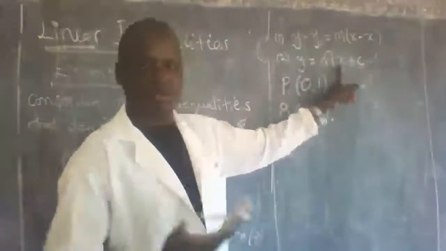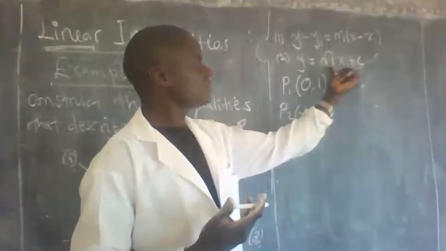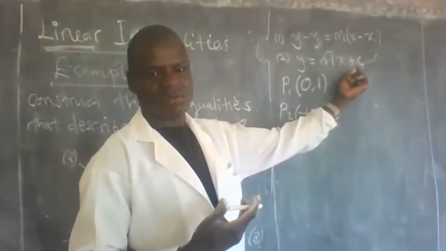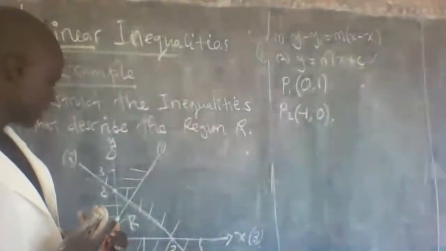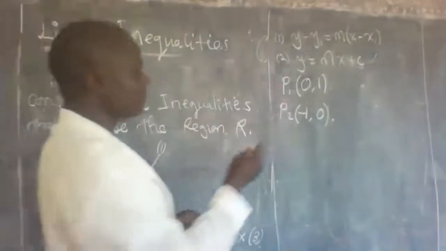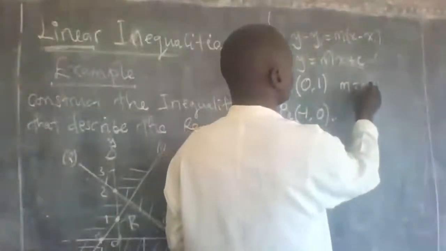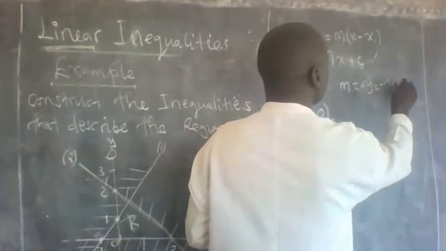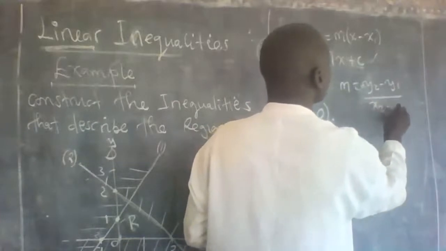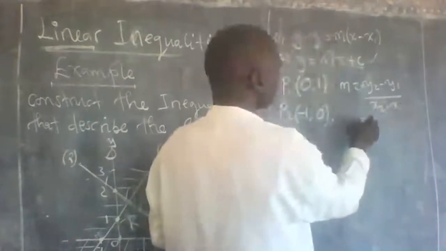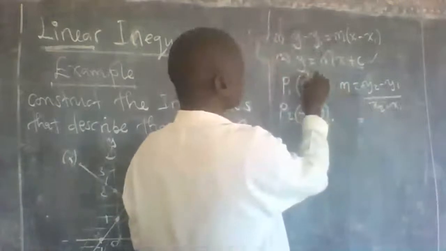This is a variable, we don't substitute. So don't think you're going to substitute the gradient and the y-intercept. But we know that the y-intercept is 1. Therefore, we're going to say the gradient is equal to y2 minus y1 over x2 minus x1. So our y, this is x, this is y.